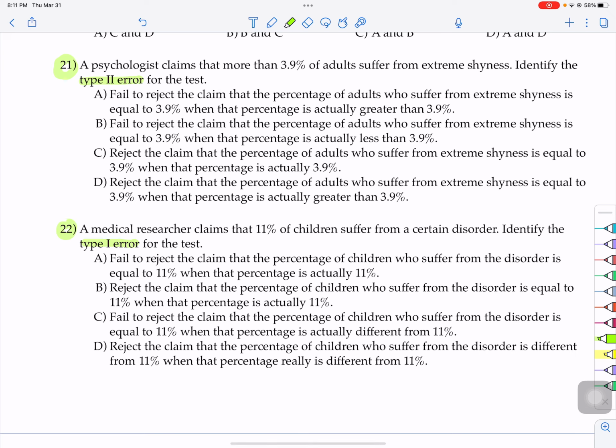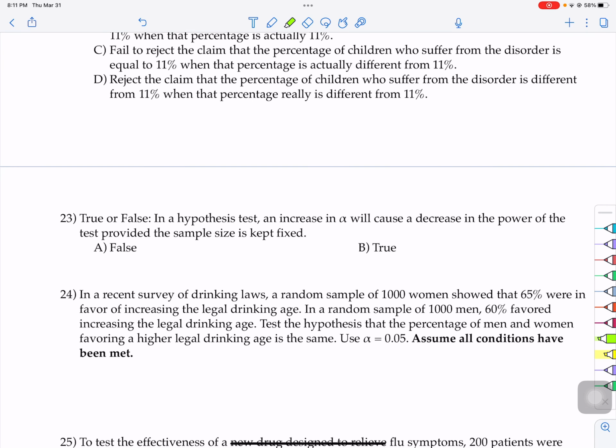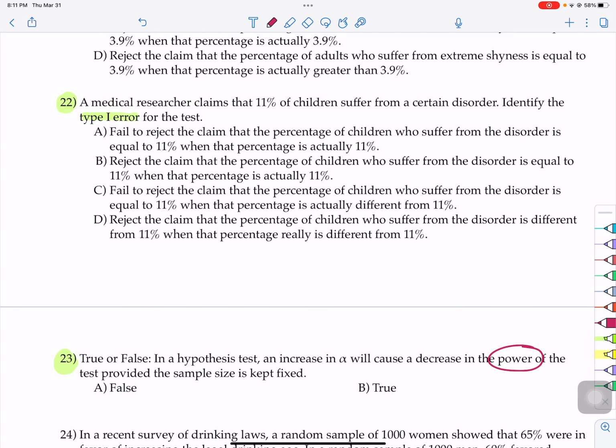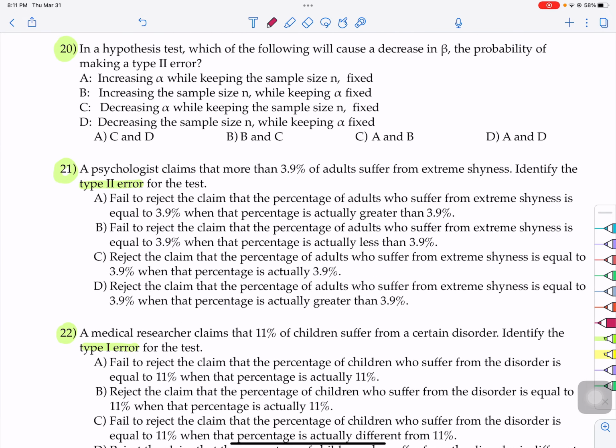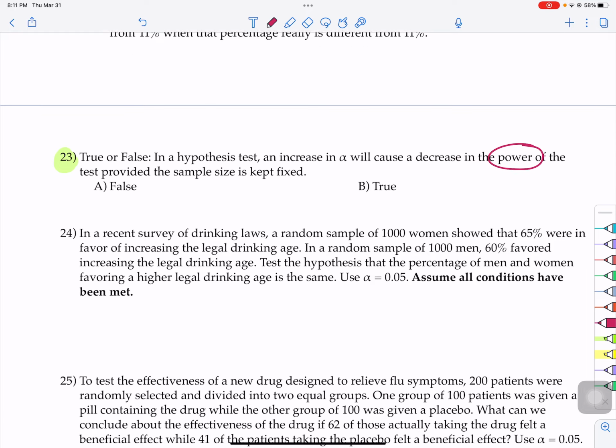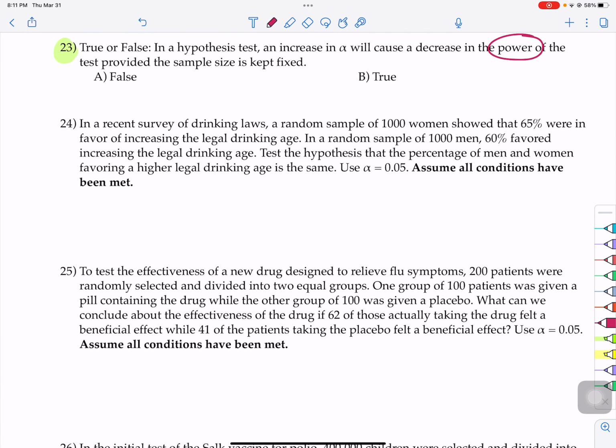Guess I should highlight those. And also 23. And here in 23, we're talking about the power of a test. So what I want to do is go ahead and explain some of these things and have you go back and try to work these with this explanation. And then, of course, let me know if you have any problems.